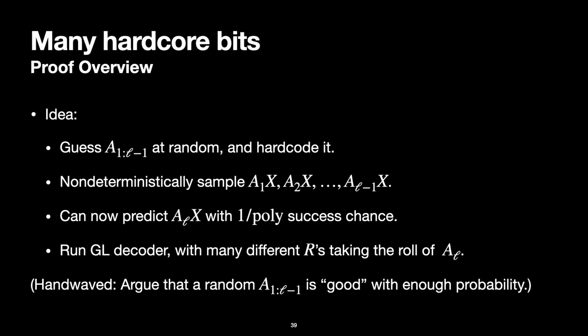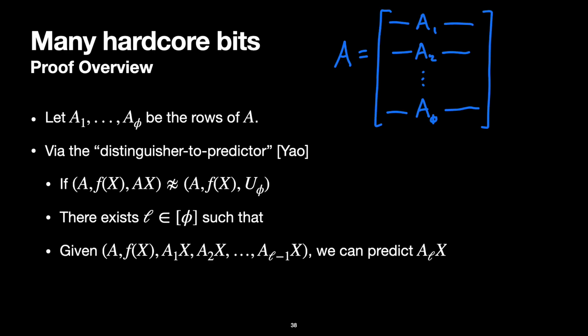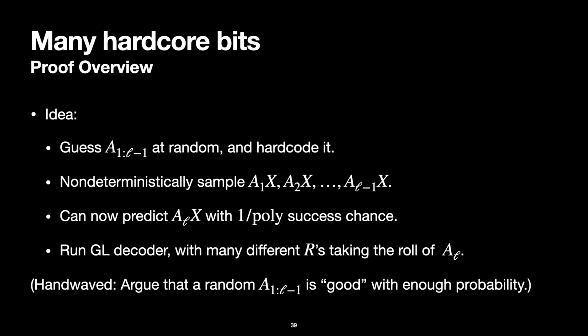The idea is we, at random, guess the first L minus 1 rows of A and hard code them. We now non-deterministically sample A1x, A2x, etc. That's going to only use L minus 1 bits. Once we've non-deterministically sampled those, going just back to the previous slide, given that whole initial prefix, we can predict ALx.